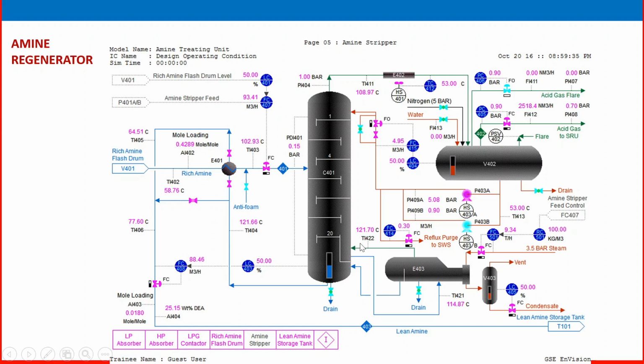Actually it should be 115 to 120 degrees C, but here it shows 121 degrees C. It moves up, mixing and interacting with the incoming liquid, and the light gas goes up. The pressure is very low, 1 bar, and the temperature is higher, just above the water temperature, nearly 102, 103.